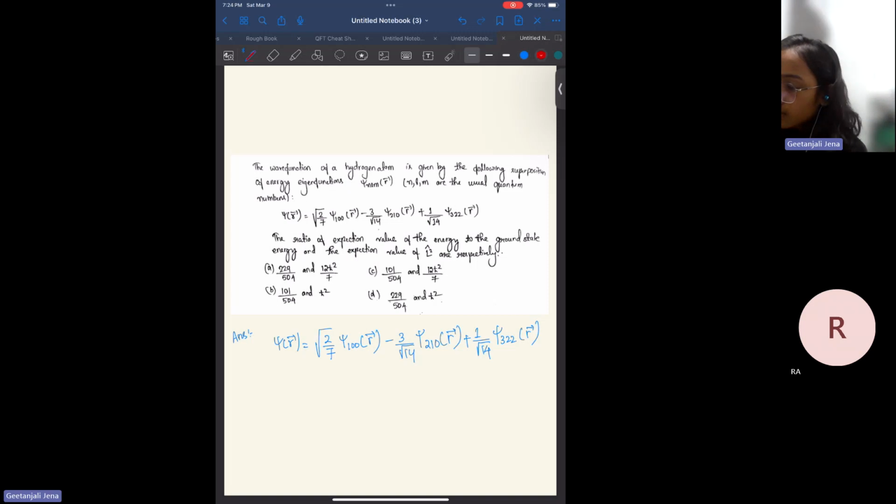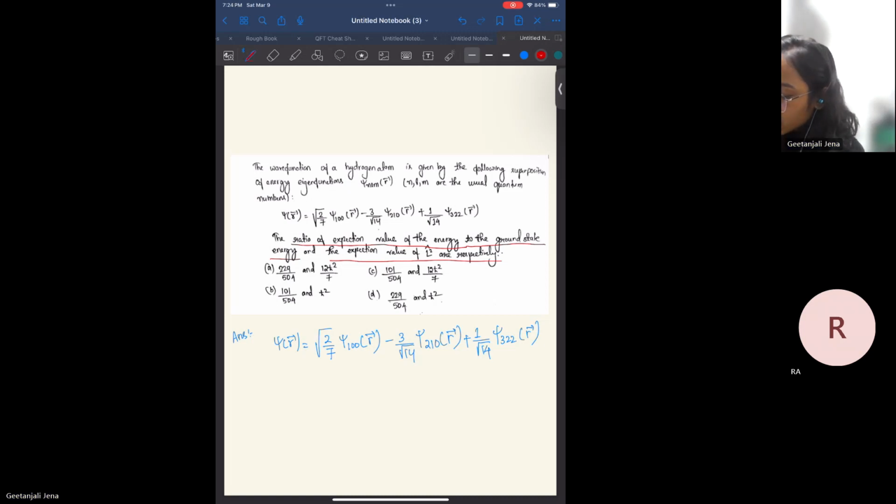Now it is asking about the ratio of the expectation value of energy to the ground state energy, and the expectation value of L square. So let us first calculate the expectation value of L square.